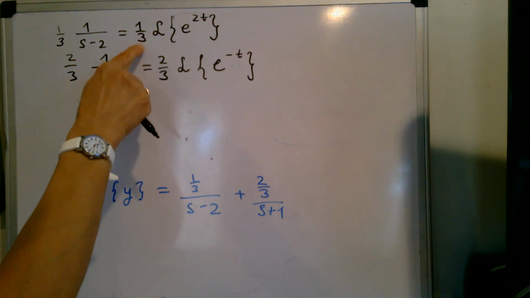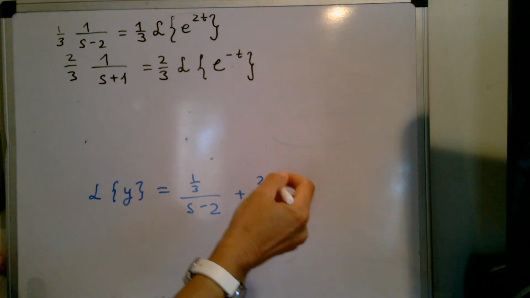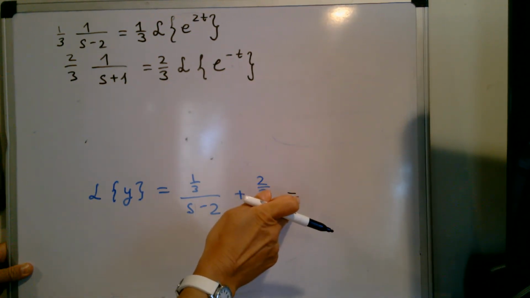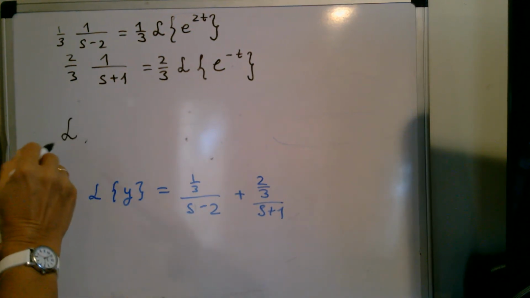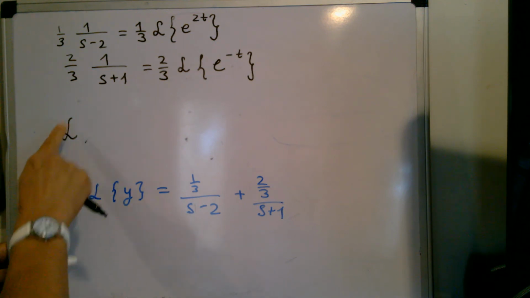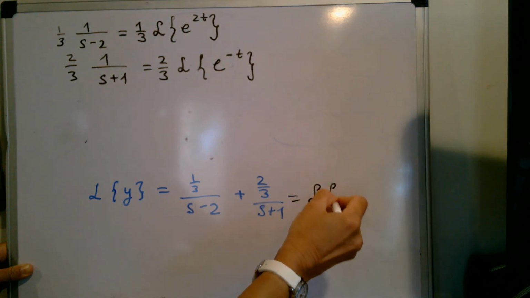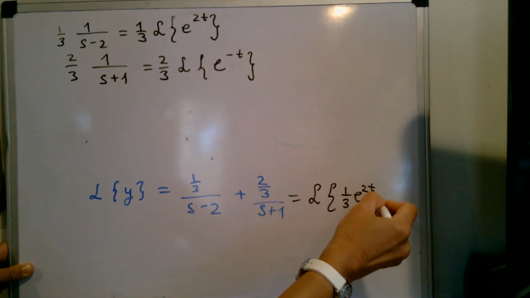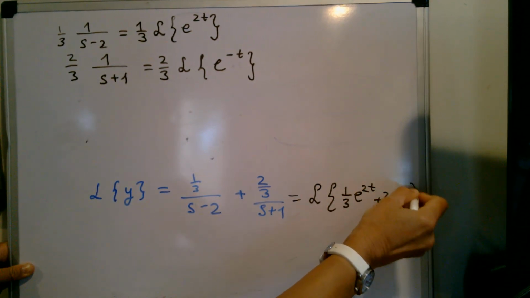What I'm going to do, I'm going to take these coefficients inside because I remember that Laplace transforms are linear. So I'm going to write down the Laplace transform of, well, maybe I should continue over here. This one is equal to the Laplace transform of 1 over 3 e to the power of 2t plus 2 over 3 e to the power of negative t.